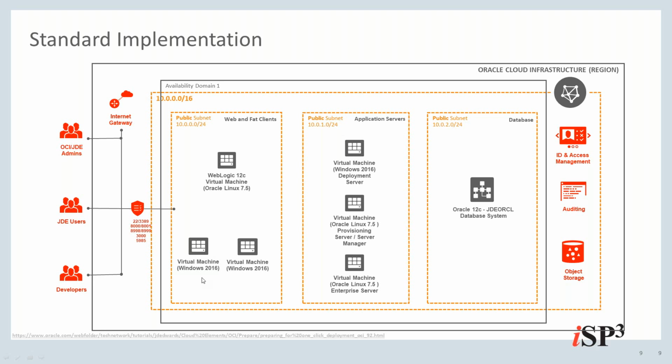One thing you would notice here is that all these server instances are sitting in a public subnet. What that means is that when you create an instance or a virtual machine, by default you will get two IP addresses. One is an internal IP address, which can be used to talk to other servers or resources.